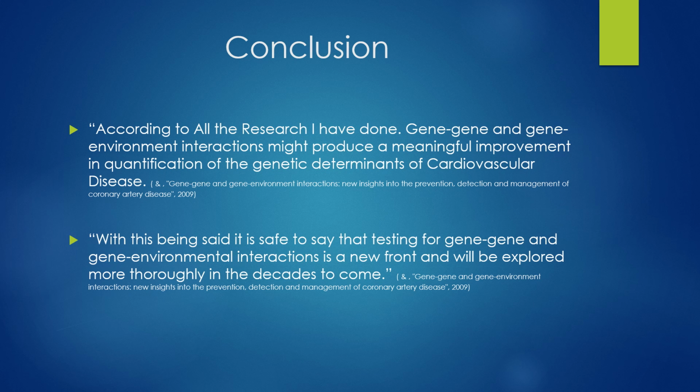With that being said, it is safe to say that testing for gene on gene and gene on environment interactions is a new front and will be explored more thoroughly in the decades to come. I feel like there needs to be an important presence and emphasis on this research in particular.